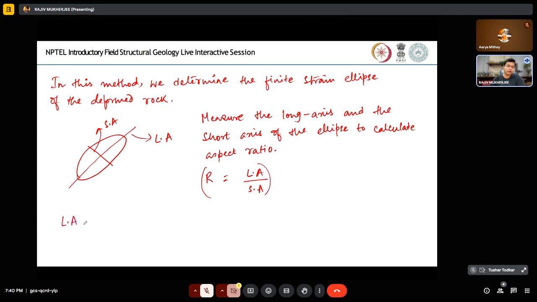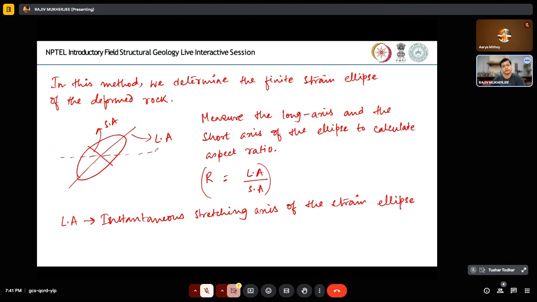And interestingly, the long axis is the instantaneous stretching axis of the strain ellipse, and if you measure the angle, say for example theta, so if you have north, I mean your direction on the plane you are measuring, you can measure the angle with respect to the coordinates.